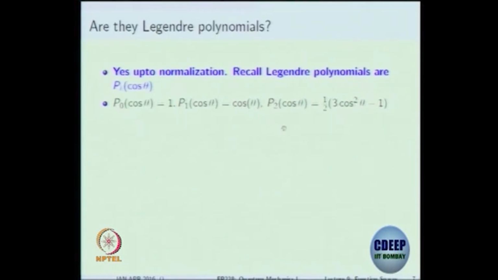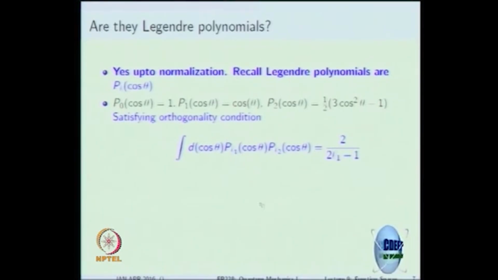There is some mismatch of the overall normalization, but you should also know the condition the Legendre polynomial satisfies is not just one. I should have put a delta L1 L2 on this side, with a factor 2 by 2L plus 1.